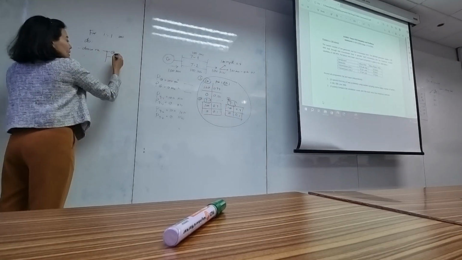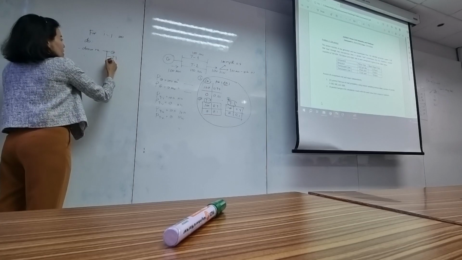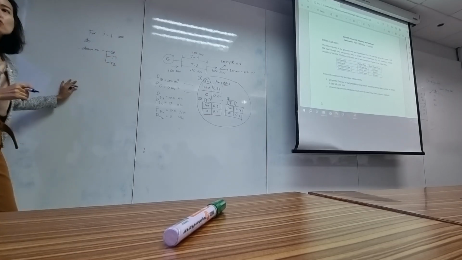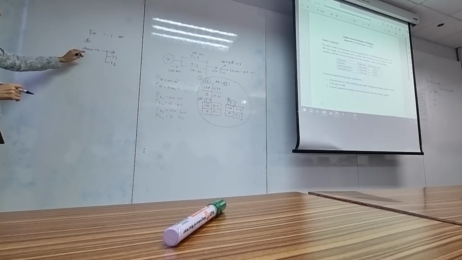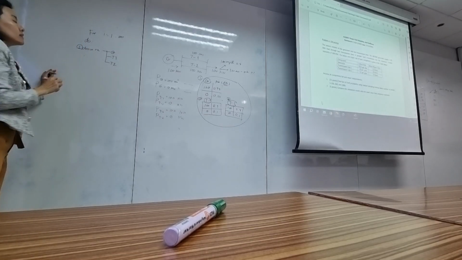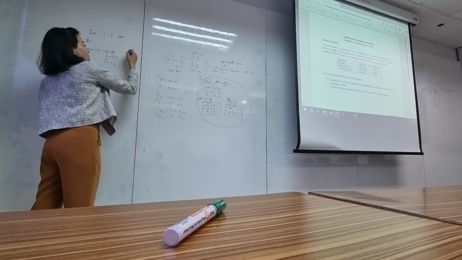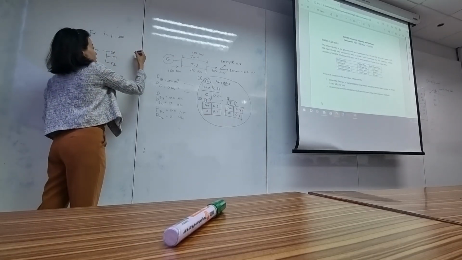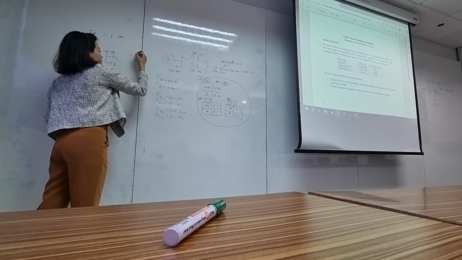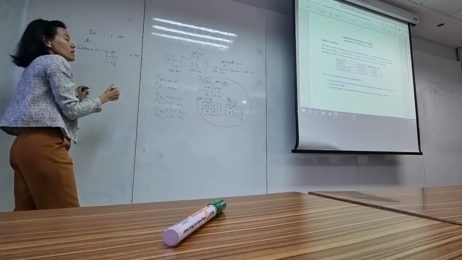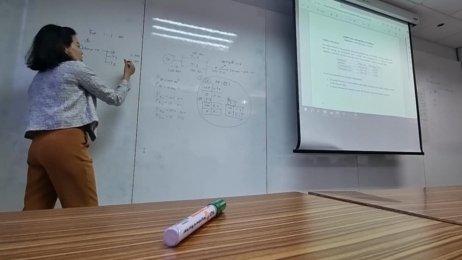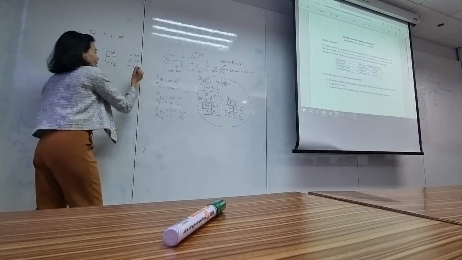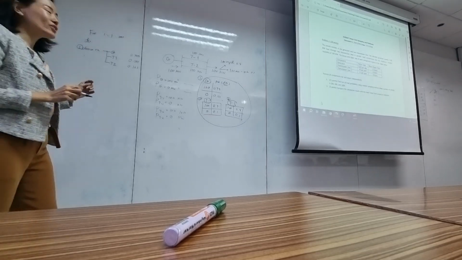G, generator. T1, transmission 1. T2, transmission 2. These are the steps. First, draw the random numbers. Let's say the random number of the generator equals 0.789, of transmission line 1, 0.001, transmission 2, 0.123.